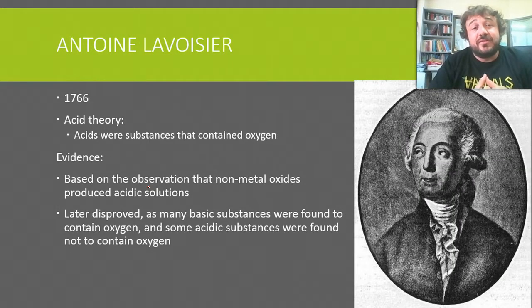So let's look at a bit of our history. We've got Antoine Lavoisier. He was the first one to really come along and say this is what an acid is. So he came up with the idea in 1766 that acids were anything that contained oxygen. Now, he based this on the fact that non-metal oxides produced acidic solutions. This obviously was later disproved.